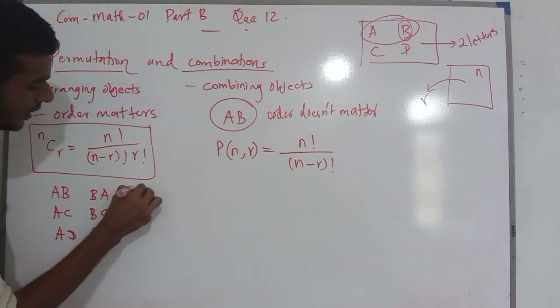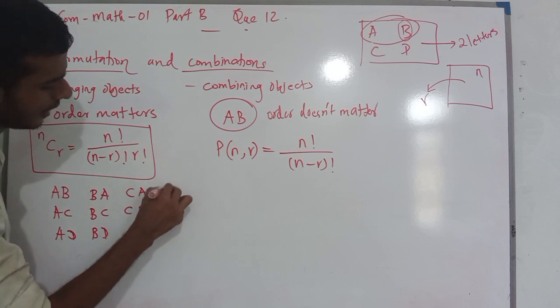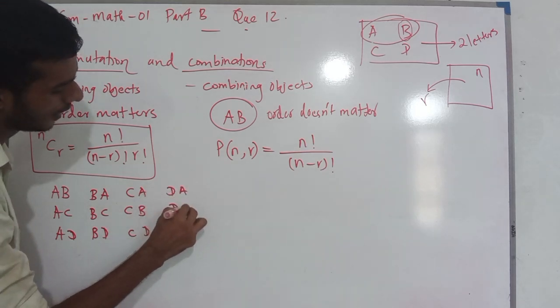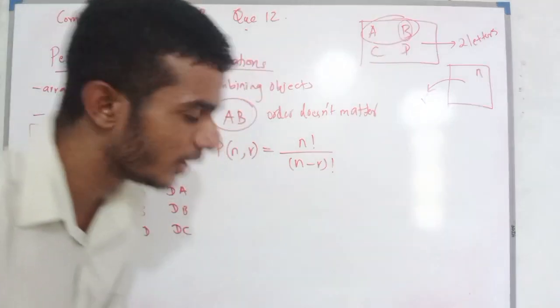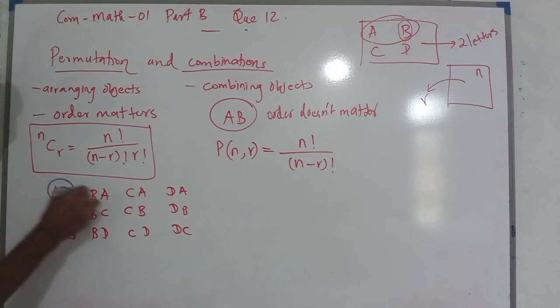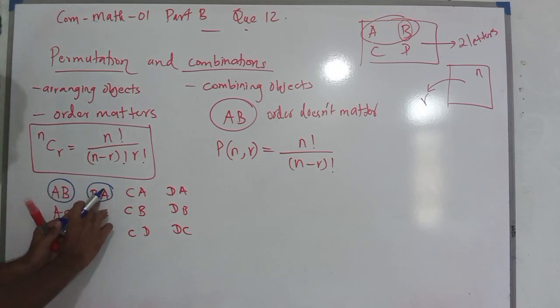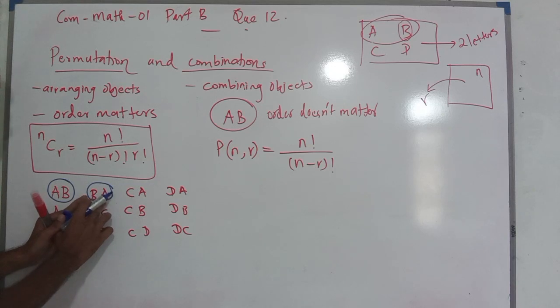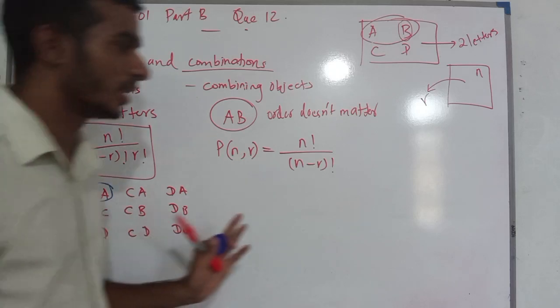Now if I take C: CA, CB and CD. Then DA, DB, DC. You see, repeated groups are allowed in permutations. Here you see AB and BA: A and B are together in both. However, due to order, we consider them as separate permutations.